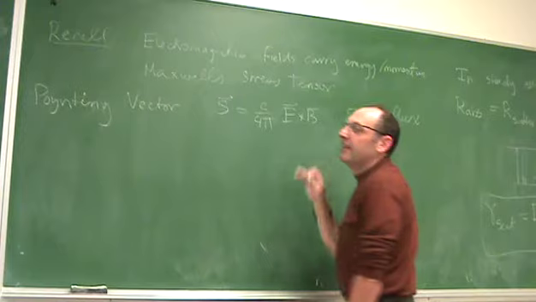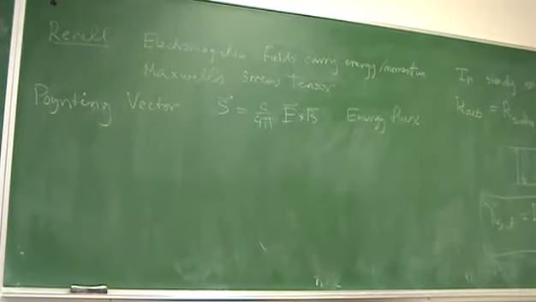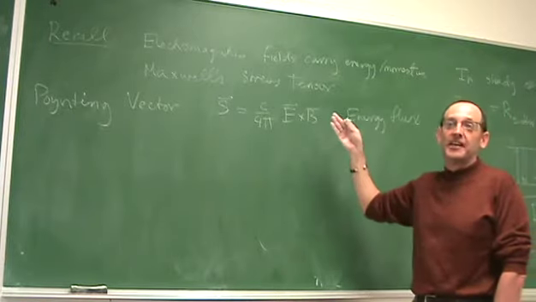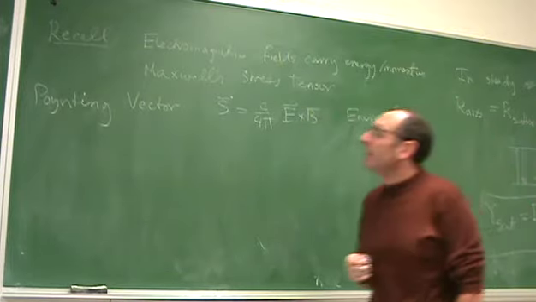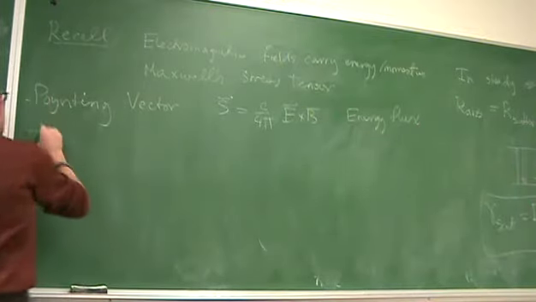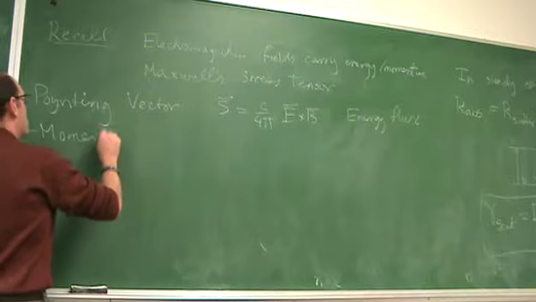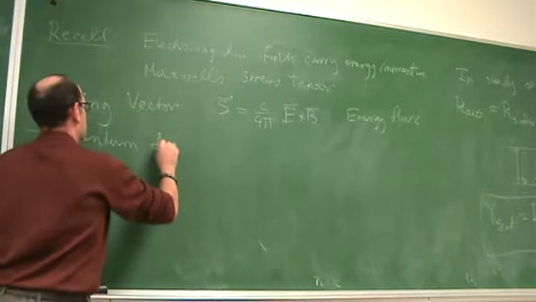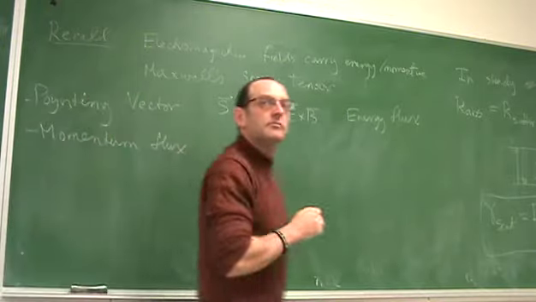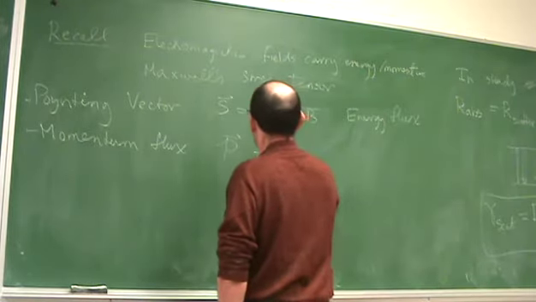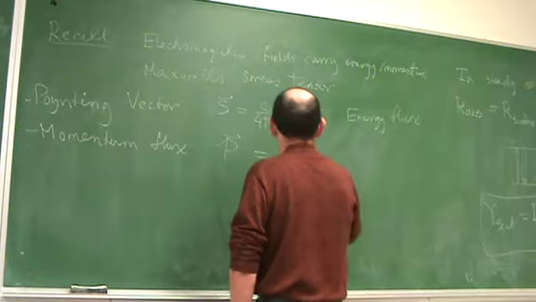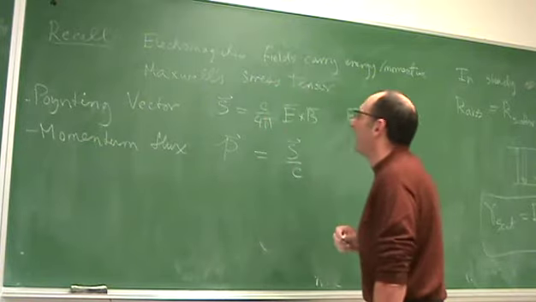That is to say, this is the energy per unit time, per unit area that's flowing in my electromagnetic field. The time average of the magnitude of this is the intensity. We also have momentum flux. The momentum flux is S over c.